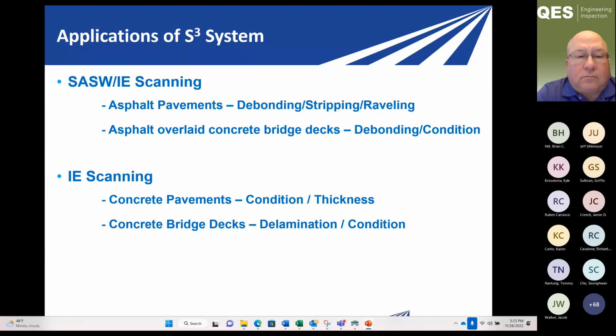This would work well on that, depending on how thick that asphalt pavement is. It could potentially be that the impact echo method will work really well on that. The impact echo scanning system works well on concrete pavements and concrete bridge decks, and both of those methods are determining the condition of the material by looking at the velocity that's related to modulus.